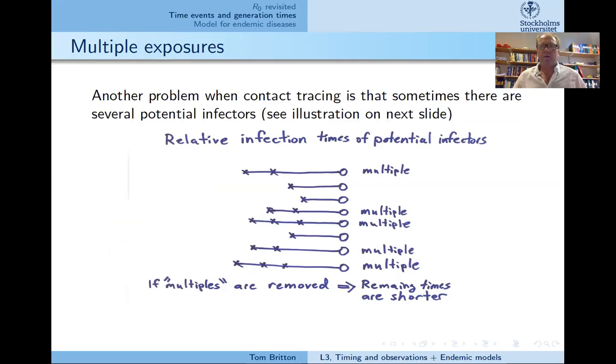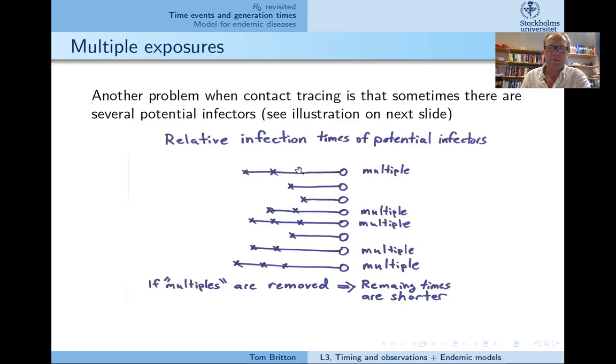My final problem that I plan to discuss is this: when you're exposed to the disease several times, what we call multiple exposures, meaning that you don't know exactly who infected you. So here is one case. This is when the person had onset of symptoms, and then you ask the person, have you met anyone with COVID-19 type symptoms?